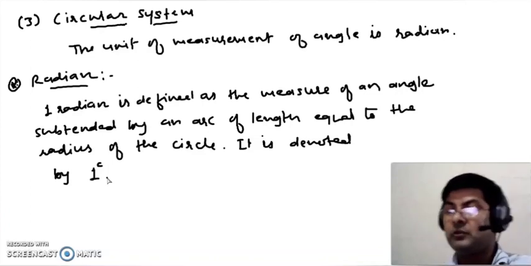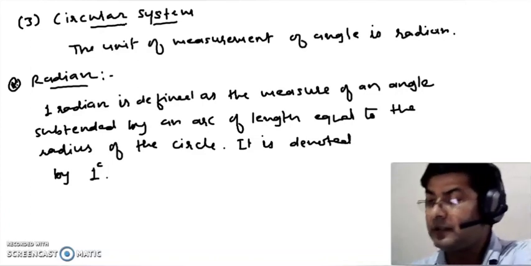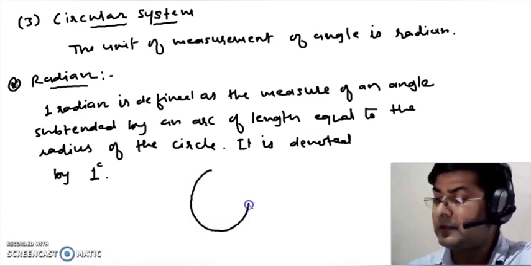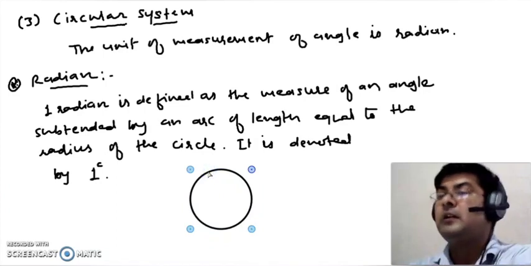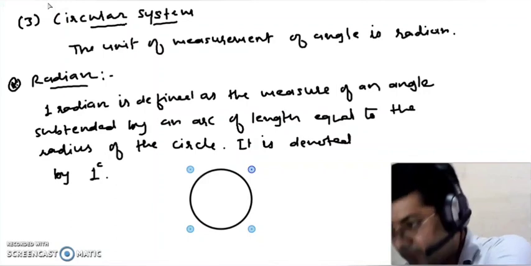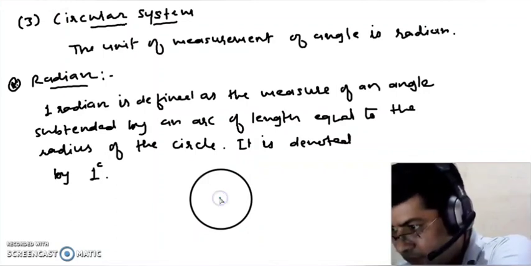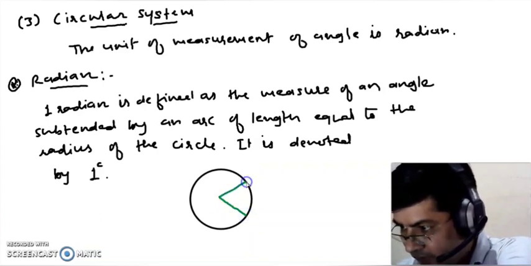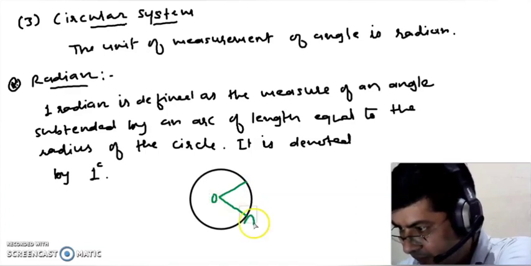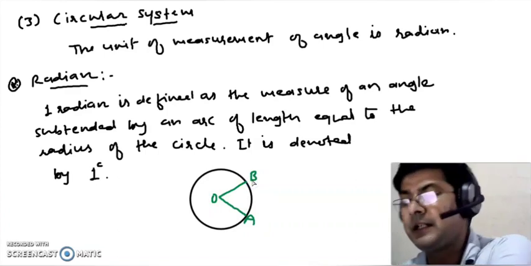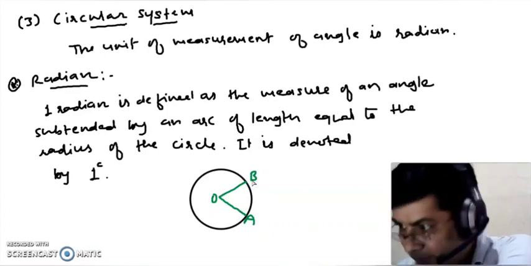Clear? With the help of diagram we can understand this fact. Okay, suppose we are having a circle and we have angle AOB which is subtended by an arc AB.